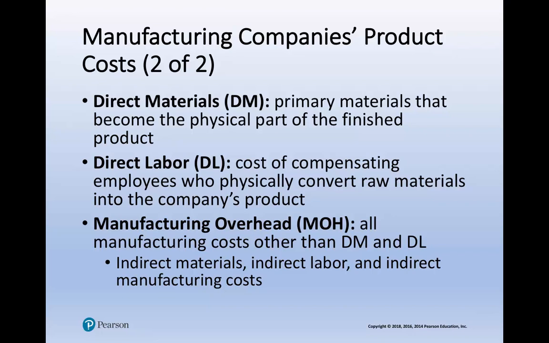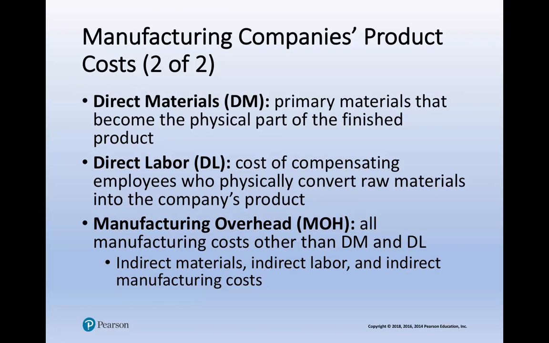So we have our definitions here. I kind of just went through them. Again, they're in your slides, so I'm not going to spend a lot of time here, but just know we have our three manufacturing expense categories: direct material, direct labor, which are direct costs, and then we have our manufacturing overhead, which is basically our indirect materials, indirect labor, and then other incidental manufacturing costs.